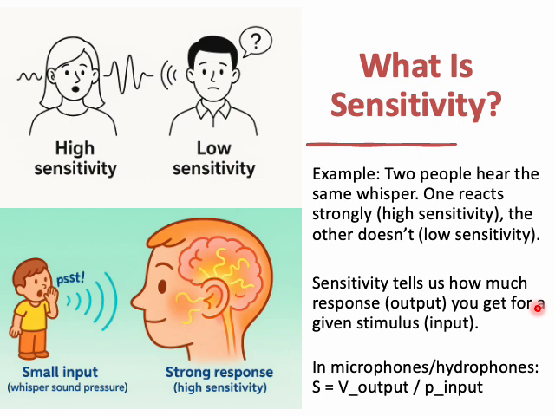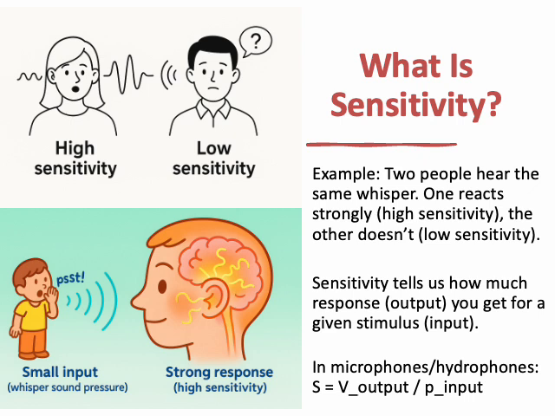Let's move towards the definition of sensitivity. But first, imagine a quiet room where two people listen to a faint whisper. The girl immediately notices and looks up. The man doesn't react.